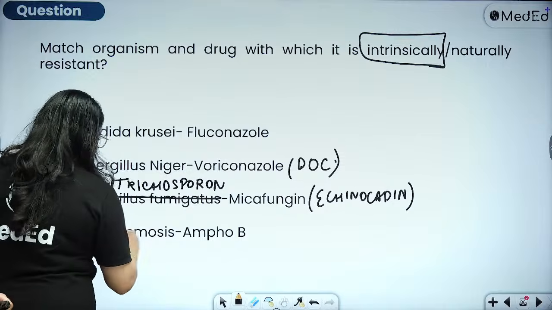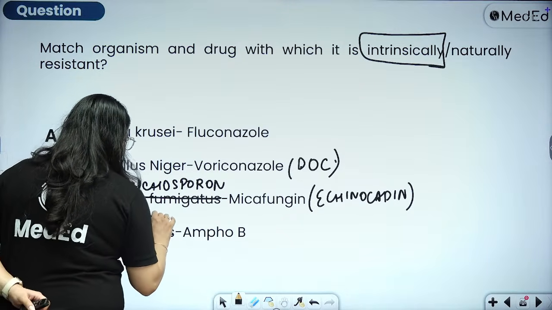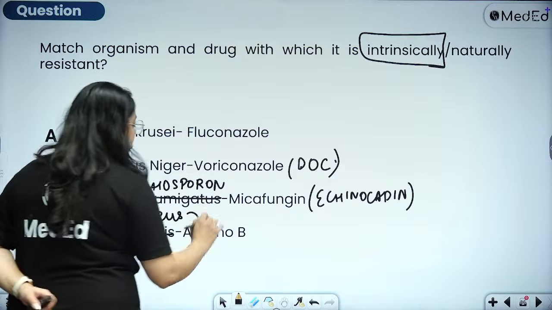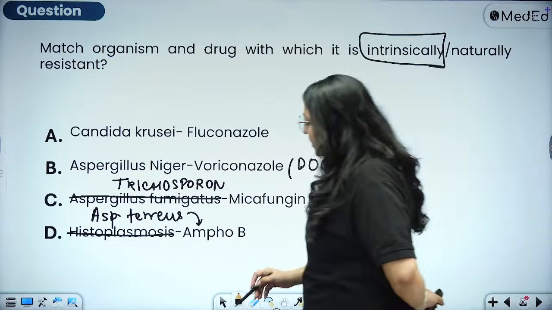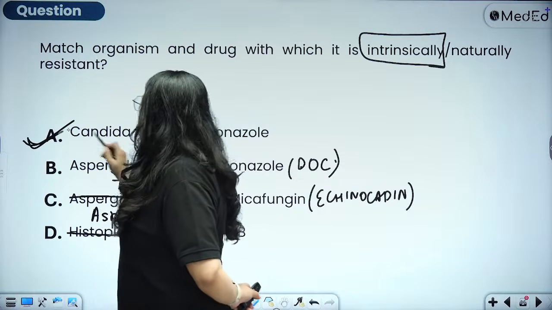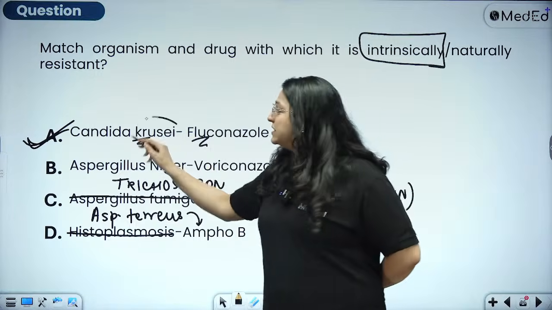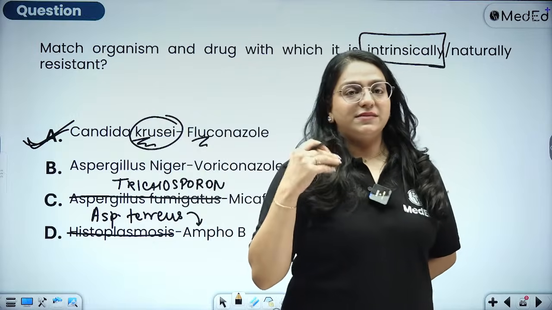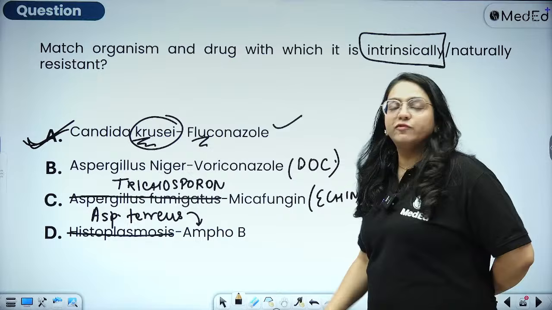No. If they had written Aspergillus terreus, that is resistant to amphotericin B. So, of course, Candida krusei and fluconazole are resistant. You can remember krusei is cruel. It is so cruel that it is resistant to fluconazole.